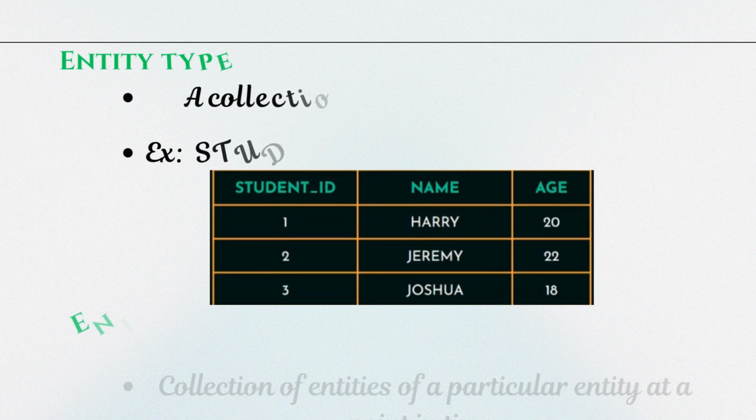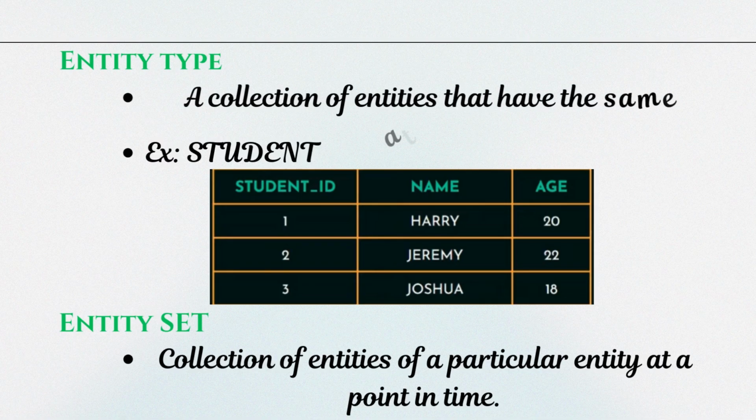The next terminology that we are going to learn is entity type. What is an entity type? It is a collection of entities that have the same attributes. An example of an entity type is student. Here each record in this table is an entity. We have Harry, Jeremy and Joshua as the entities. These entities share the same attributes, such as age, and they belong to the entity type student.